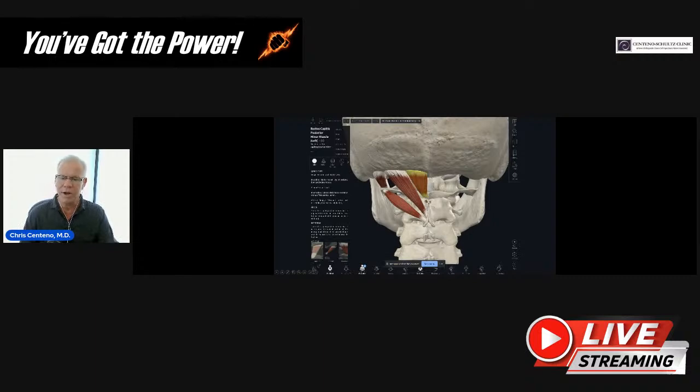So head to C1 and head to C2. What you can't see here is they kind of cant backwards, and I'll show that to you in a little bit. So that's the posterior major there, and that's the posterior minor. Posterior major goes down to C2, posterior minor goes to C1.